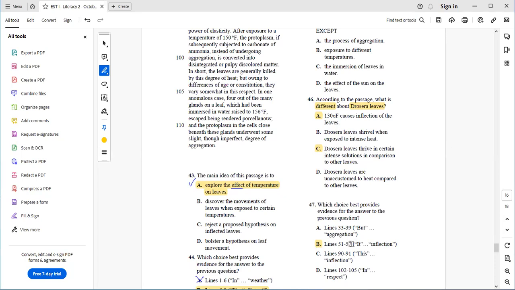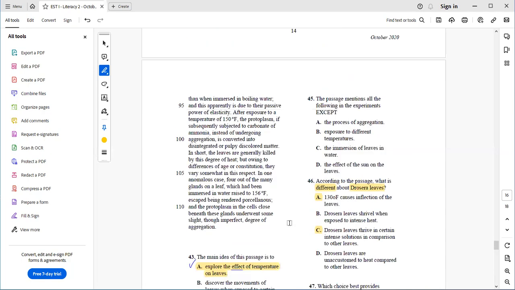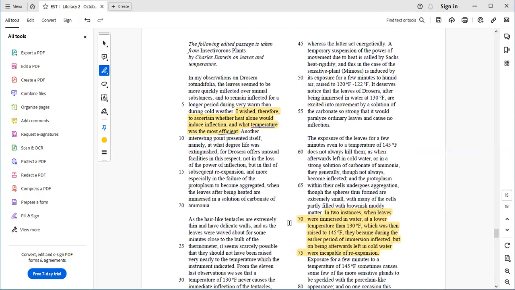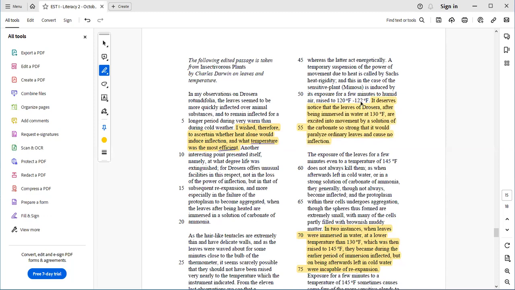So let's go to B. From 51 till 57, from it till inflection. Teacher, there is it. What are we going to do? Take a sentence before. So let's find this. A temporary suspension of the power of movement due to heat is called by such heat rigidity.